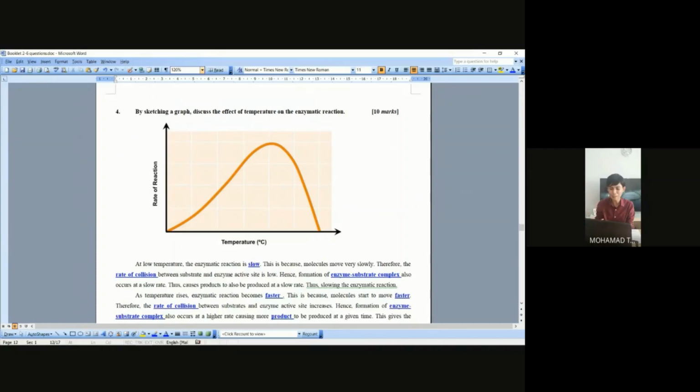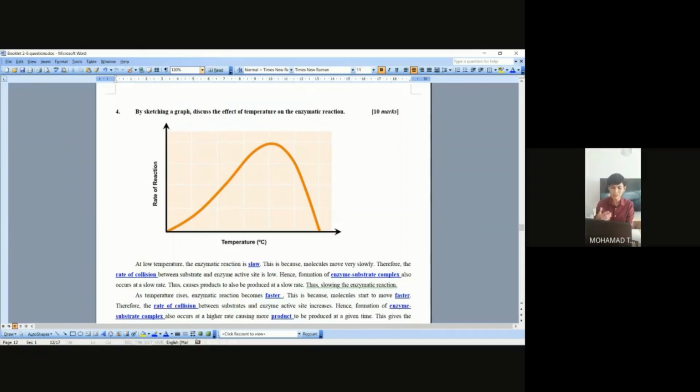As the temperature rises, the enzymatic reaction becomes faster. This is because molecules start to move faster.